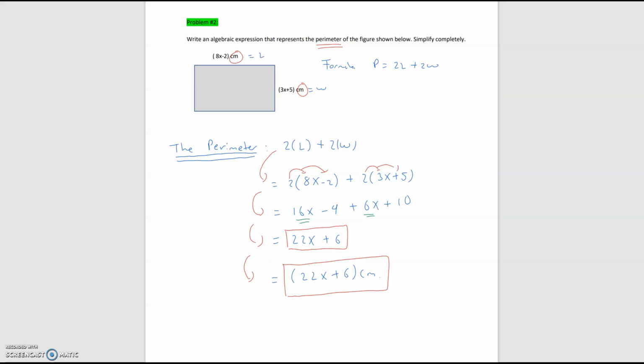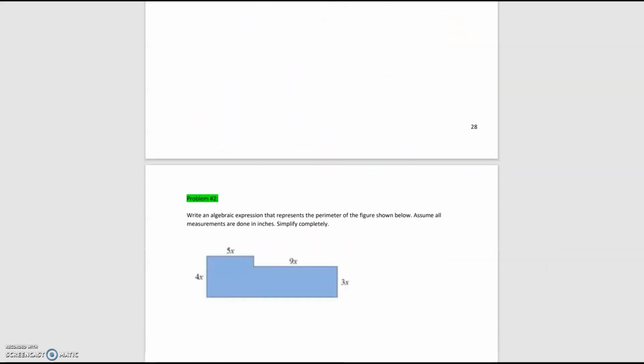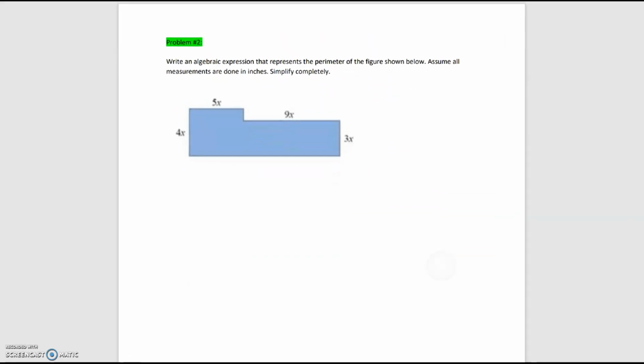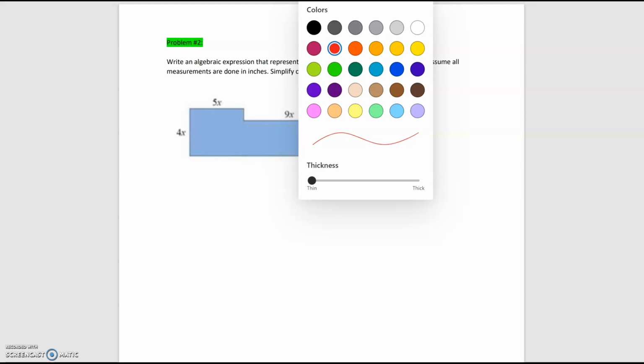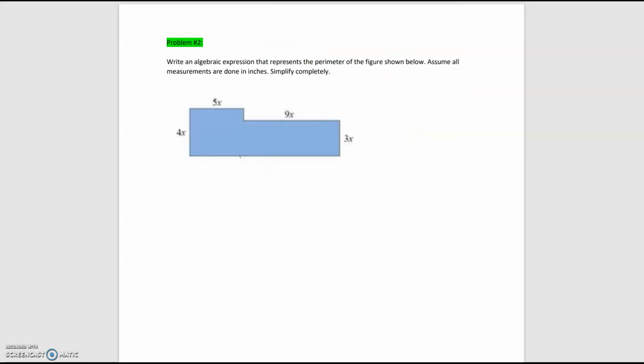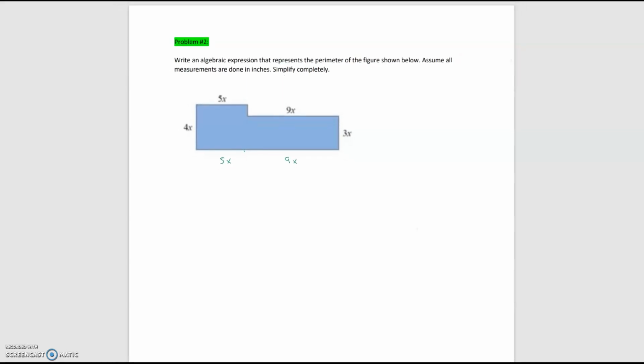Let's move on to problem 3. In problem 3, we have a shape, but it's not completed. So let me complete the shape. Up to here would be 5x, and then the rest of it will be 9x. So the expression for the perimeter is going to be 4x plus 5x plus 9x plus 3x.